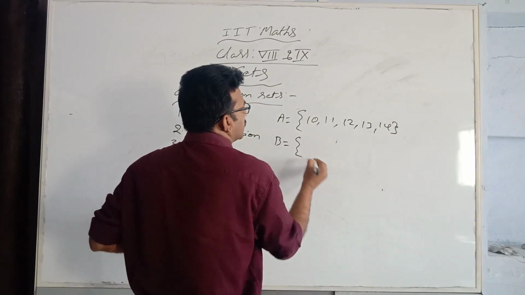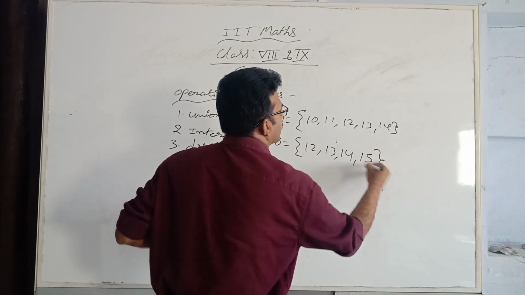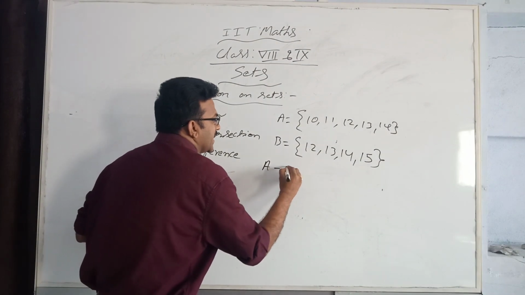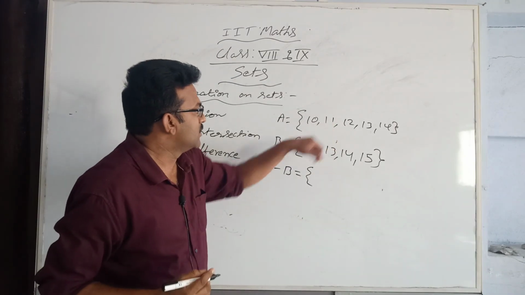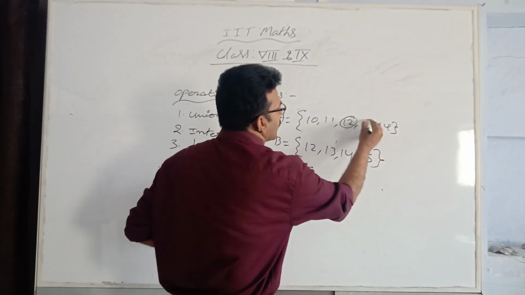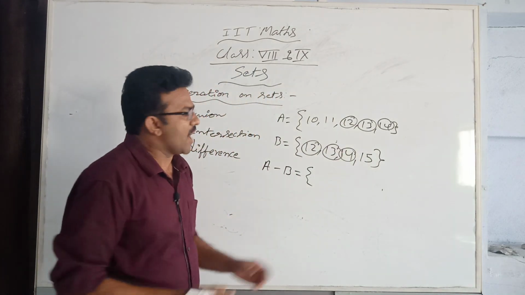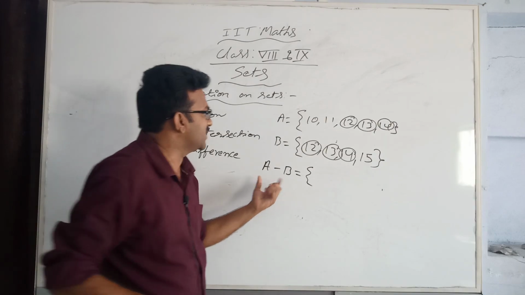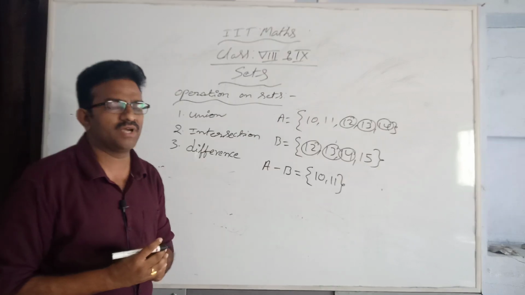B equal to 12, 13, 14, 15. Now we are going to take a difference. A minus B, that is equal. So we are going to remove common elements. Here common elements are 12, 13 and 14. We are removing these three. After removing these common elements, remaining elements of A is nothing but A minus B. That is 10, 11.